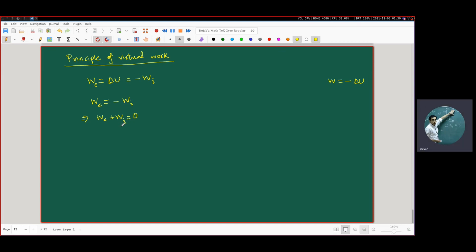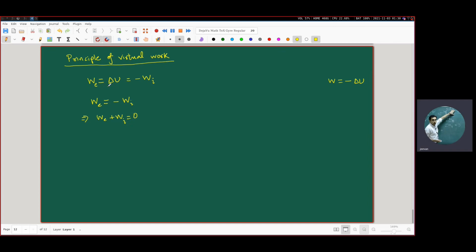I'm coming to that. But right now, whatever I am writing is associated with everything real. Nothing virtual has come here. But the important point to note at this juncture is that this statement involving the total work done by the external forces and the internal forces on a mechanical system as it undergoes a process is much more fundamental compared to the previous equation which we were working with.